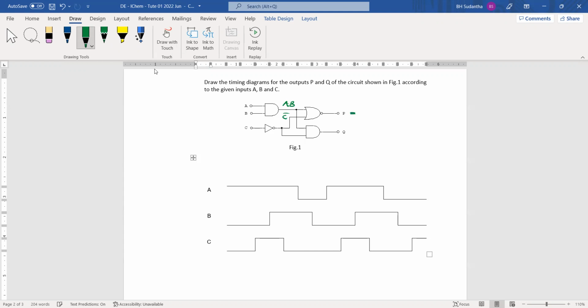Then this is AB plus C bar. Yes. Okay. And here this is AB and this is C bar. This output is, sorry, AB is coming from this side. This is C bar. And this is AB, C bar.